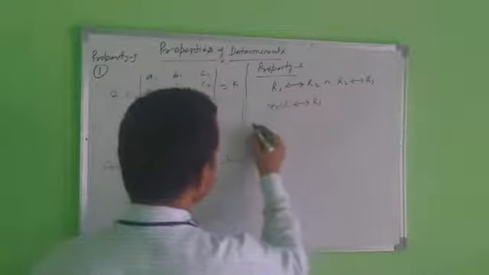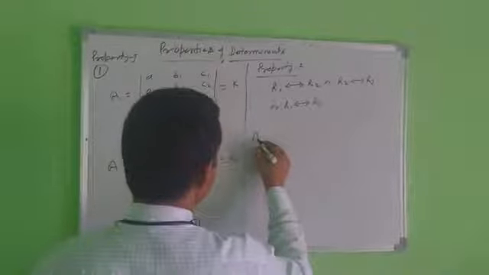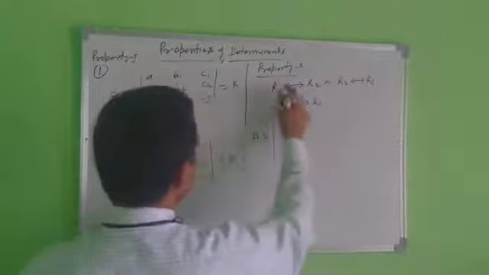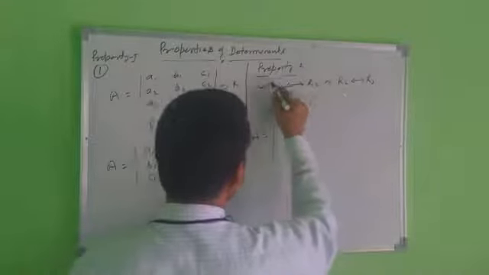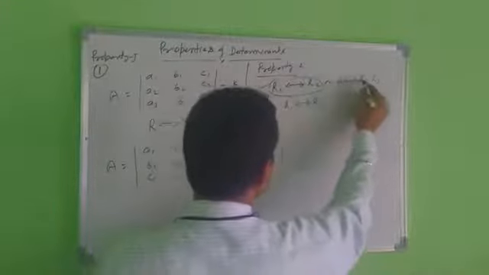Suppose you interchange R1 and R2. This rule is applying here, and the first property is not applying here.